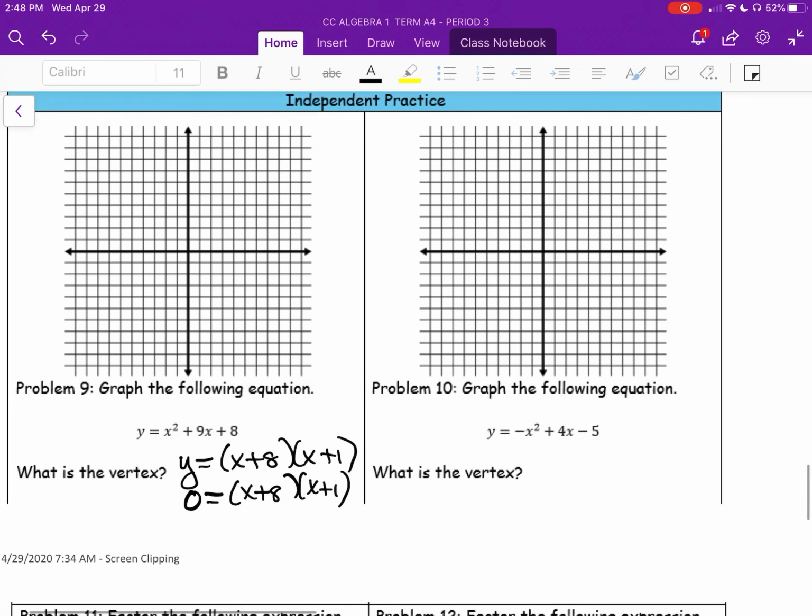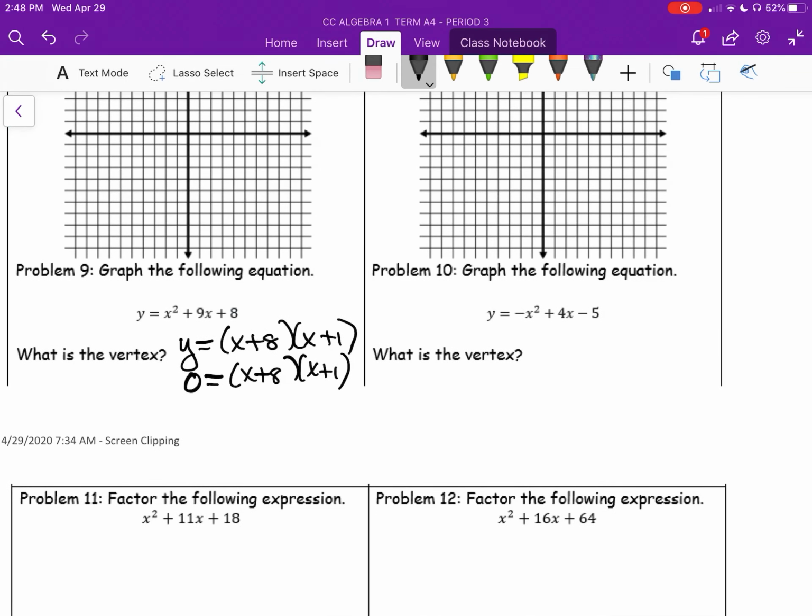So I'm going to write this out as an equation. I'm going to say that x plus 8 equals 0, so x equals negative 8. That's my first intercept. And x plus 1 equals 0, so x equals negative 1. That's my second intercept.